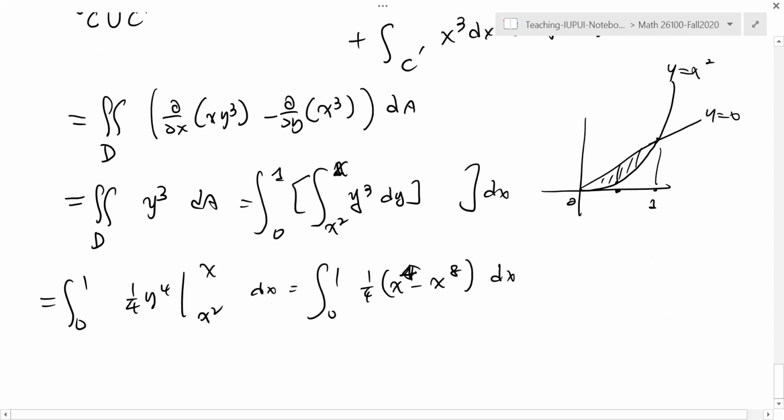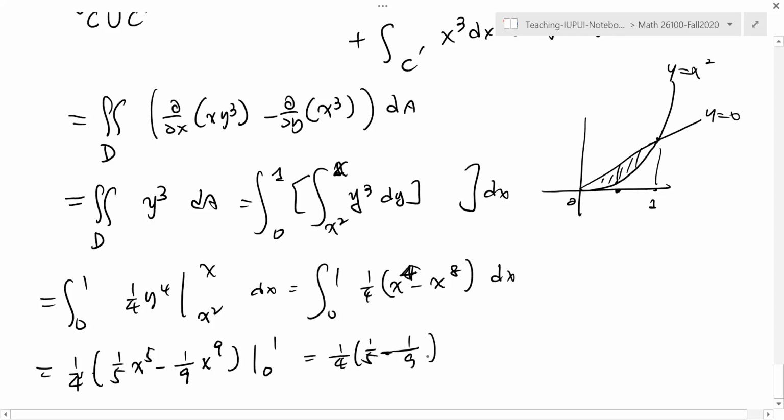Then you find the antiderivative of this: 1/5 x to the fifth, minus 1/9 x to the ninth. Okay, the final answer will be this. But this is just the double integral, right?